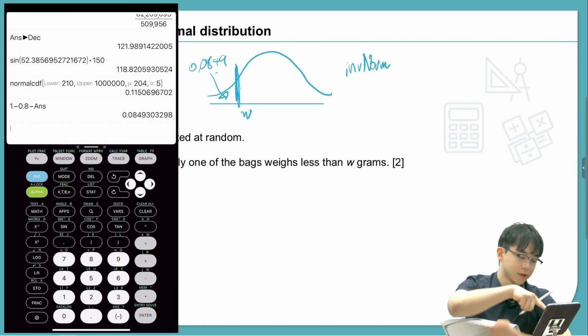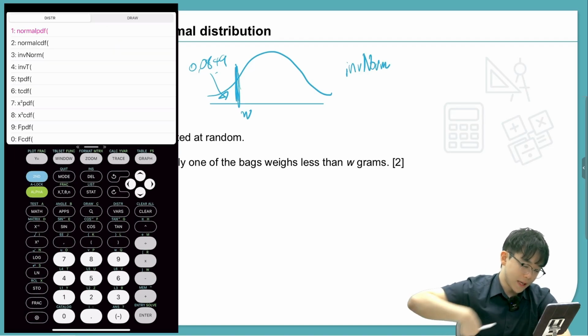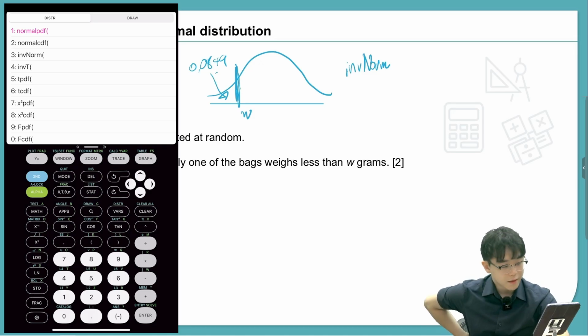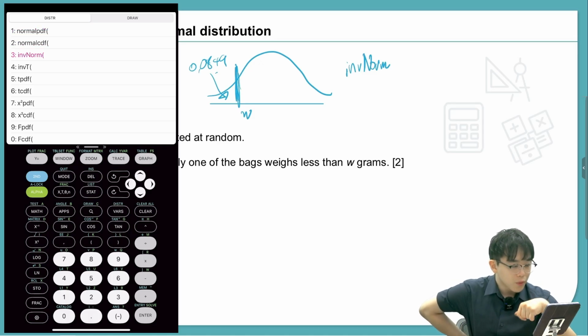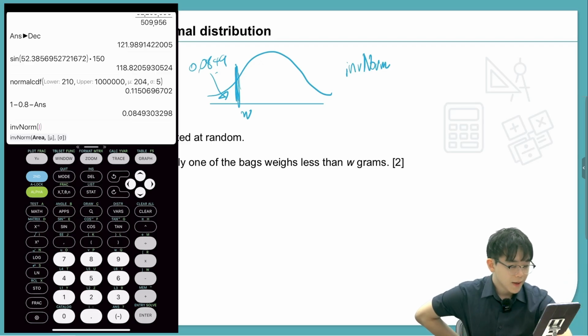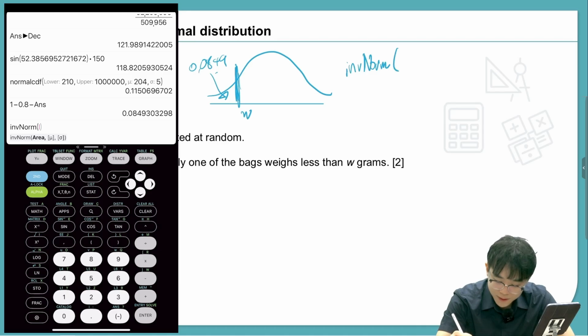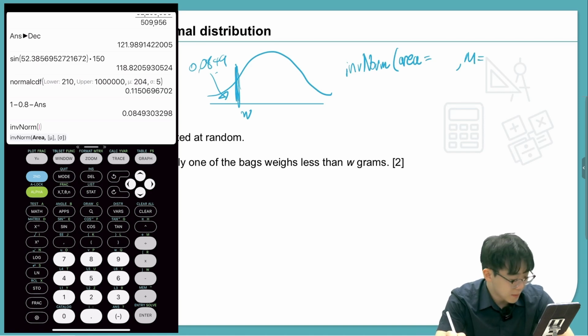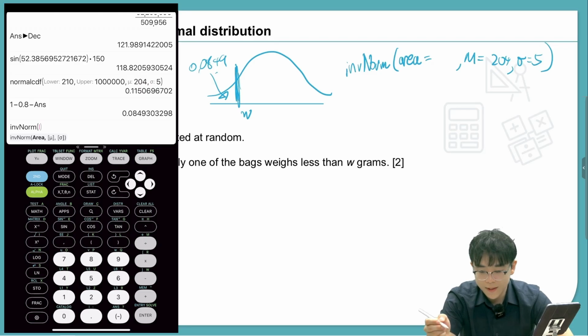Inverse norm is found in the same menu, alongside second variables distribution. Right below normal CDF, you should find the inverse norm feature. That allows you to put in the area, the mean, and the standard deviation. Same as earlier, the mean is still 204, the standard deviation is 5, and what we put into the area is the lower end, or the left tail area.